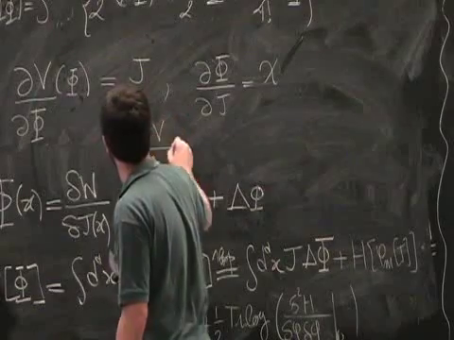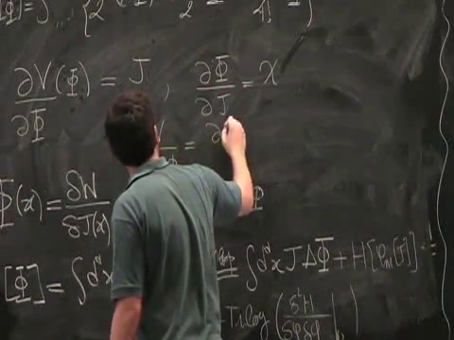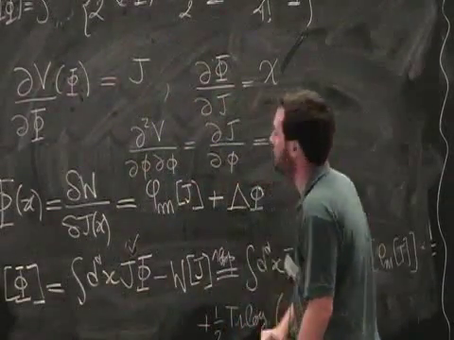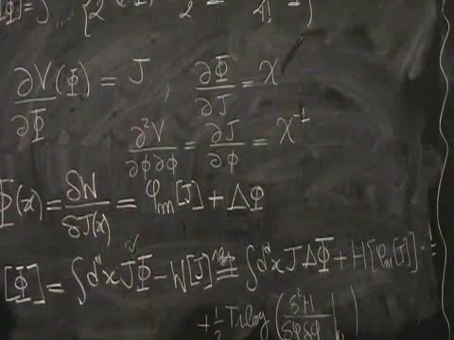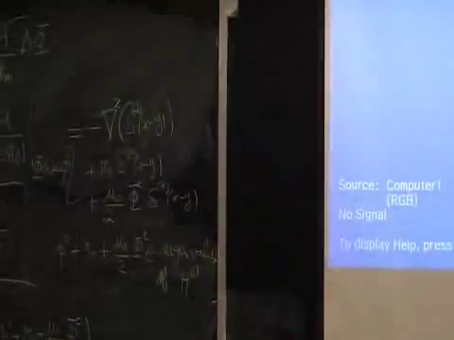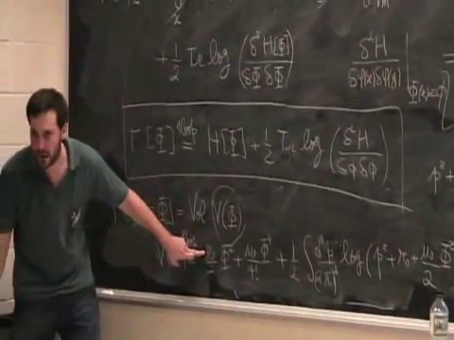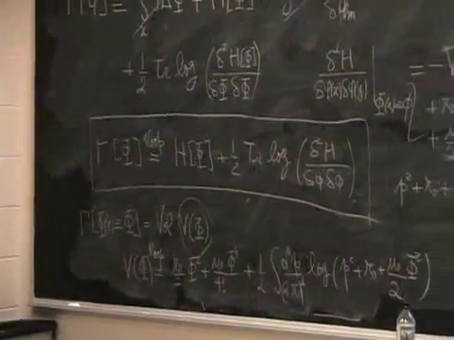The second derivative of the potential is the derivative of j with respect to phi, and this is nothing but the inverse of the susceptibility. So the mean field susceptibility is nothing but R0. We want to calculate the correction to the susceptibility and compare it to the mean field.